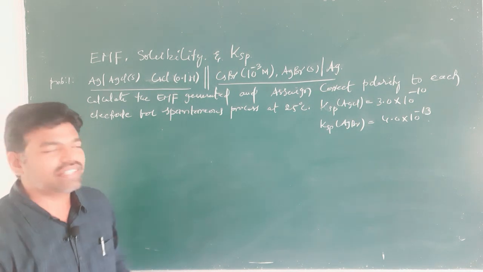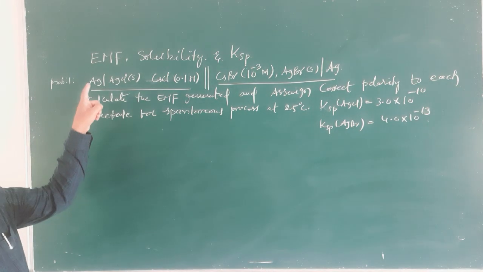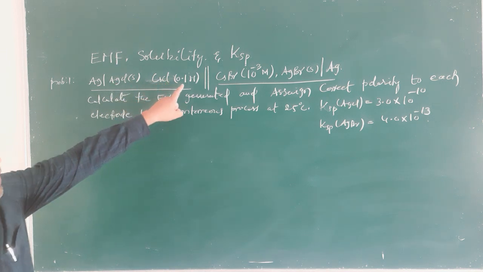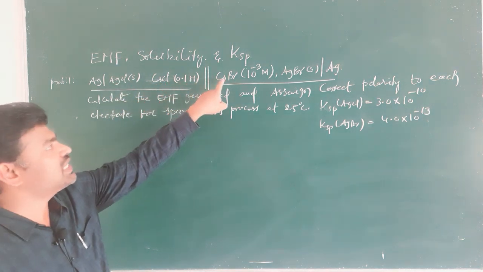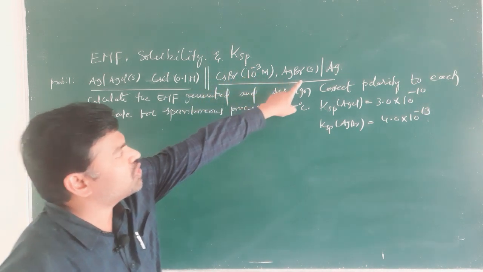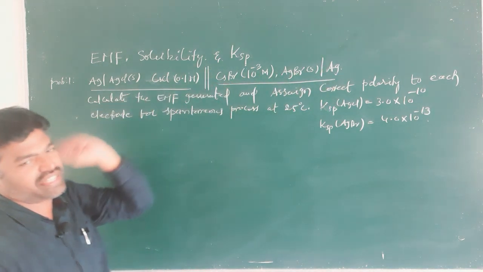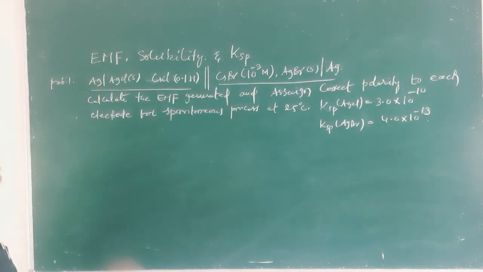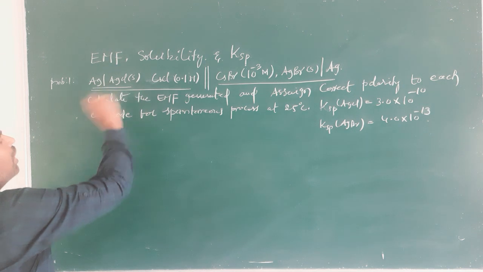Okay, this is the problem: Ag, AgCl, cesium chloride 0.1 molar, salt bridge, cesium bromide 10 power minus 3 molar, AgBr solid and Ag. This is a concentration cell. How can I say this is a concentration cell? Because the two electrodes are the same.